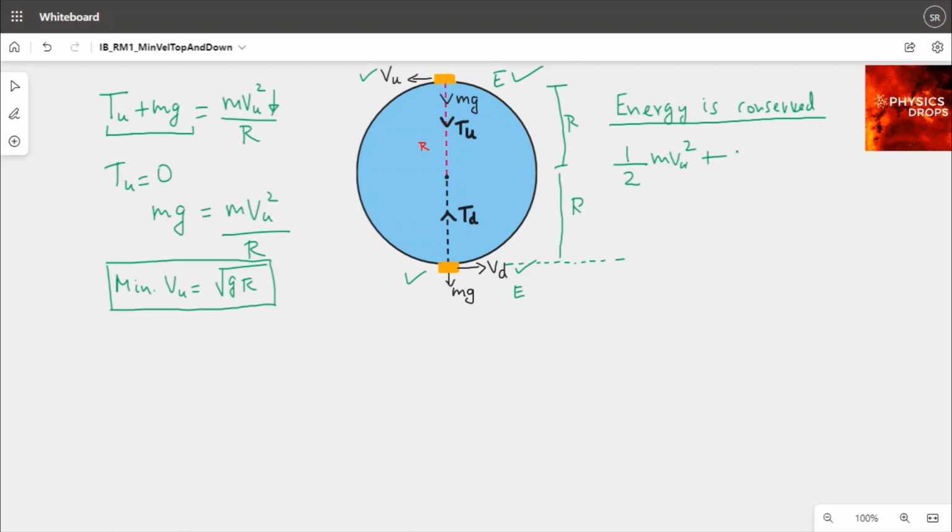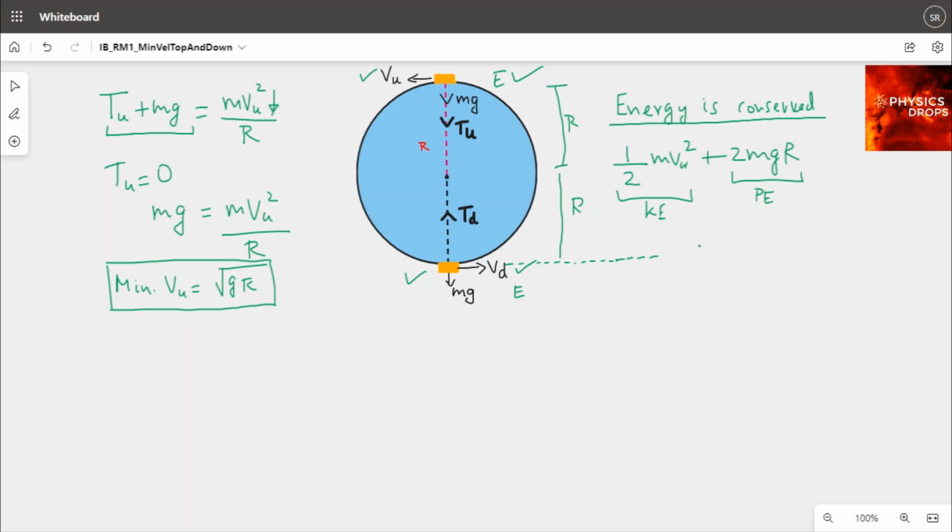So mg times 2r or 2mgr. This is the potential energy, and this is the kinetic energy, for the position all the way up. And we also know that at the position down here, we do not have potential energy because we have taken the dotted line shown here in green as the reference point. So the height there is 0, so mgh becomes 0 there. We only have kinetic energy.